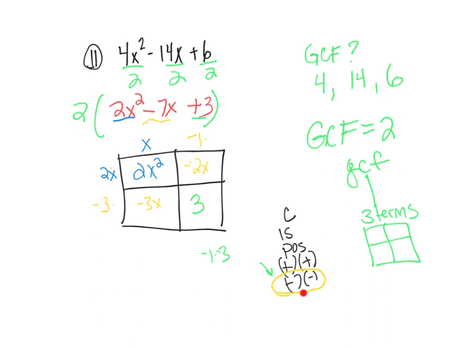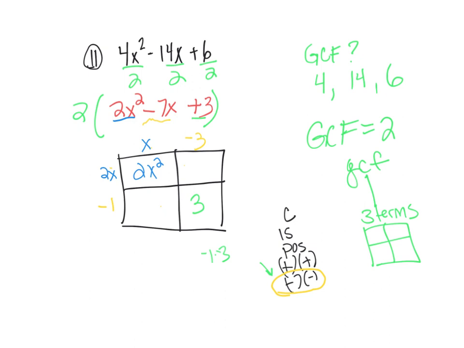And since I know that they're both going to be negatives, the only thing that I can adjust is the placement of these numbers. So I'm going to try it again, but this time I'm going to put the negative 1 here and the negative 3 here. And then I'm going to see how that changes these boxes and see if I can indeed get this to end up to a negative 7.